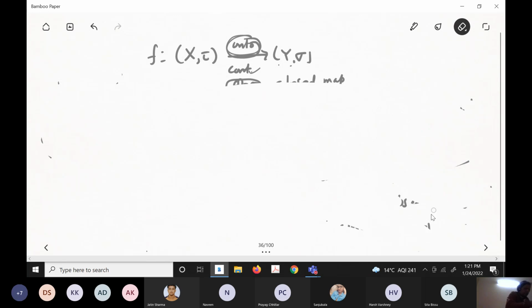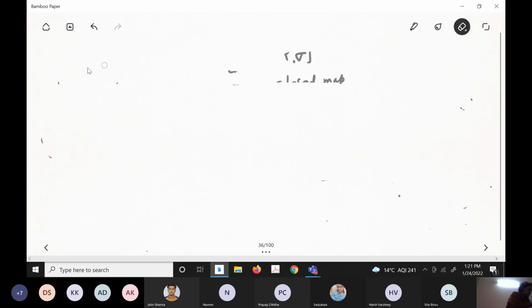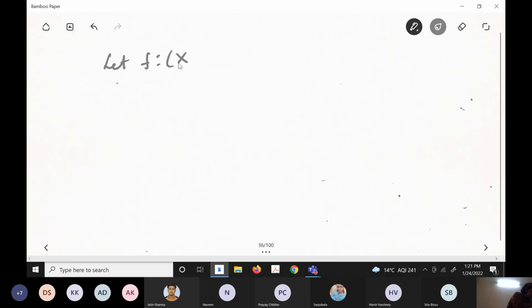First, let me write this. Look what I have done. Let f: (X, τ) → Y be a map and σ equal to this.